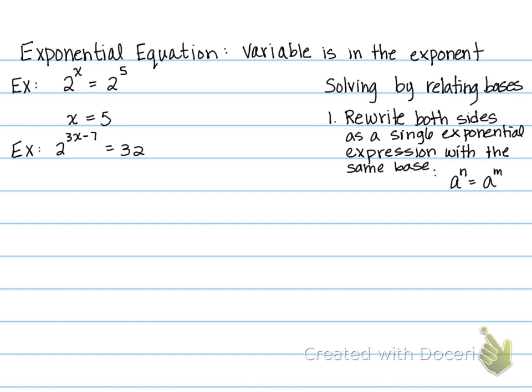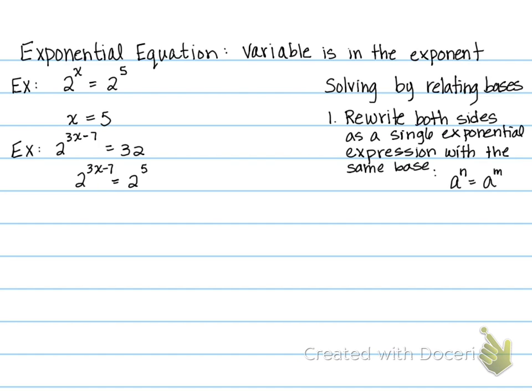So in this case, 2 and 32 are the numbers I'm looking at. If you do the prime factorization of 32, you see that it's just 5 factors of 2. And so we can rewrite 32 as 2 to the 5th. And again, that's just the prime factorization of 32. I just wrote it in exponential form instead of writing 2 times 2 times 2 times 2 times 2. I don't know if I said 5 2s, but you get the point.